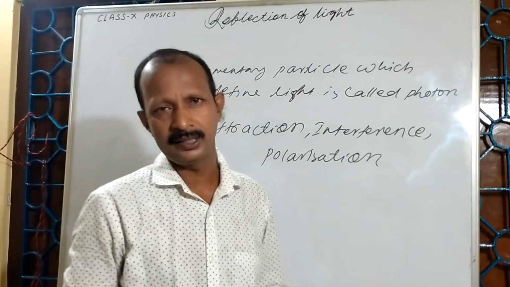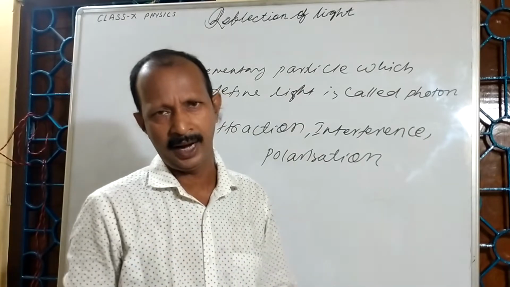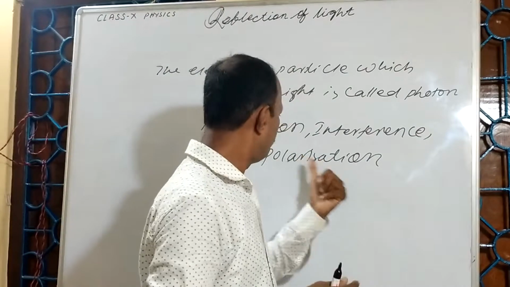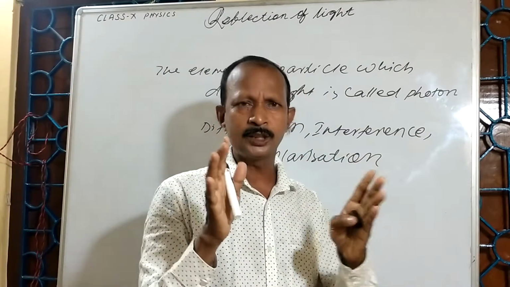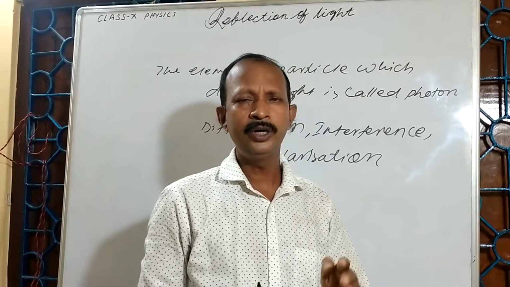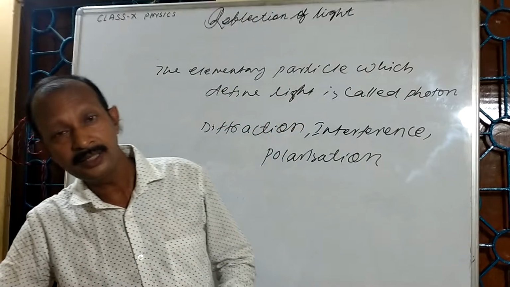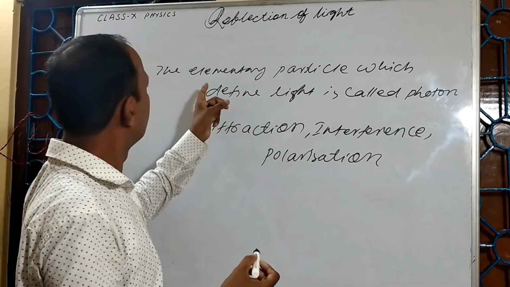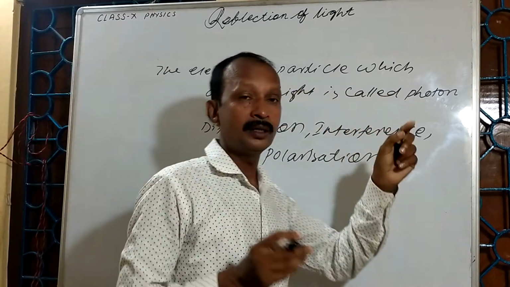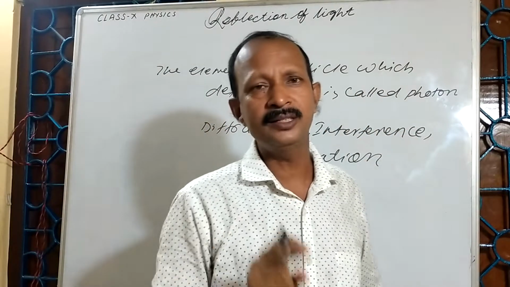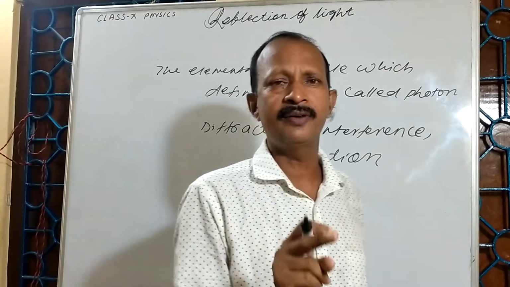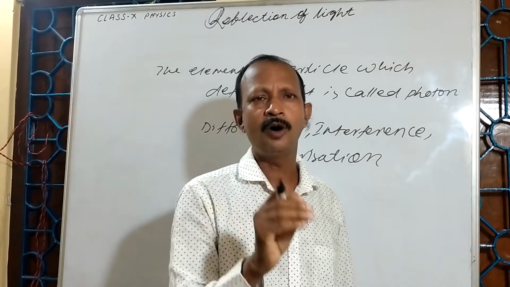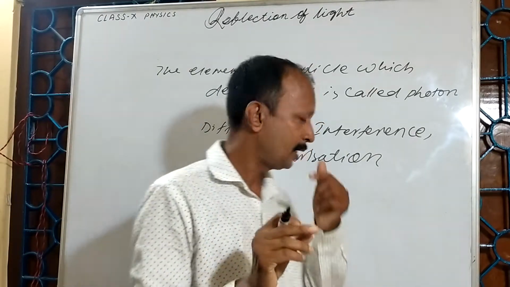Similarly, interference is another behavior exhibited by light: light waves interfere. Then polarization. This behavior of light we cannot understand with the concept of the particle nature of light. To understand diffraction, interference and polarization, we have to accept that light travels in the form of wave. That means wave nature.